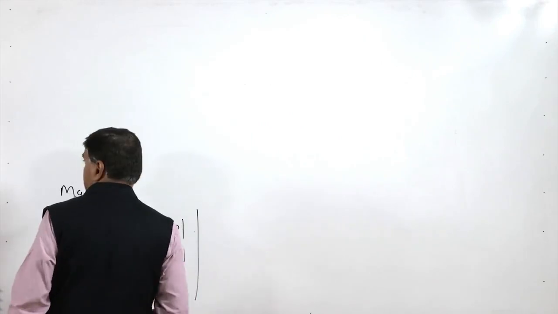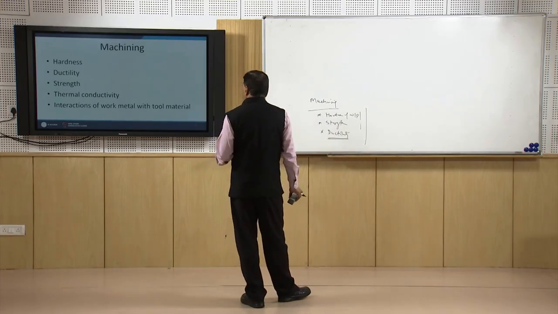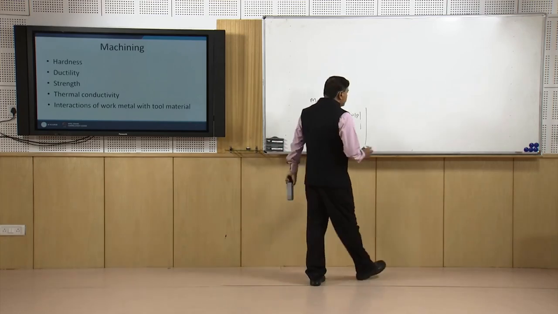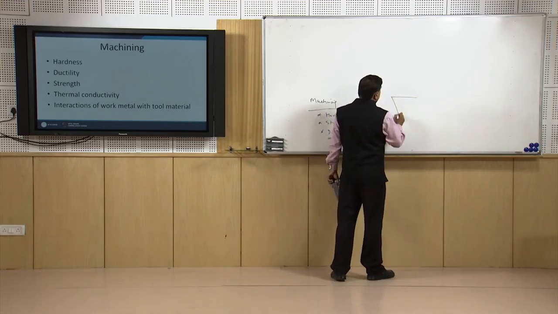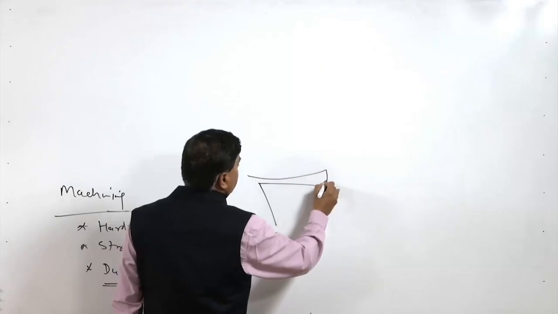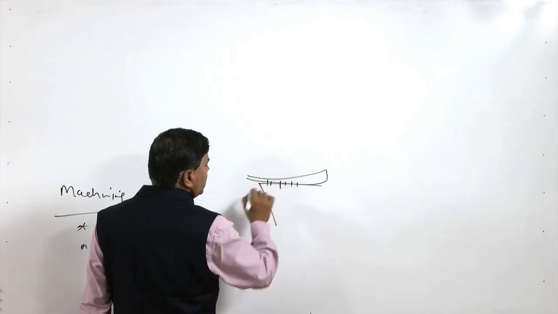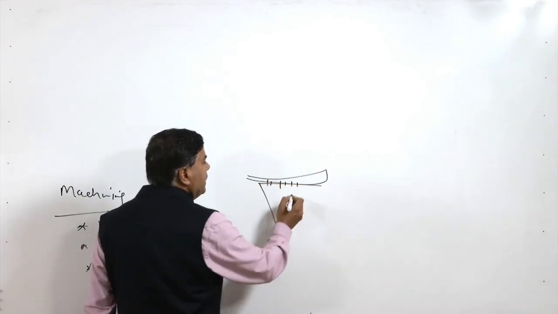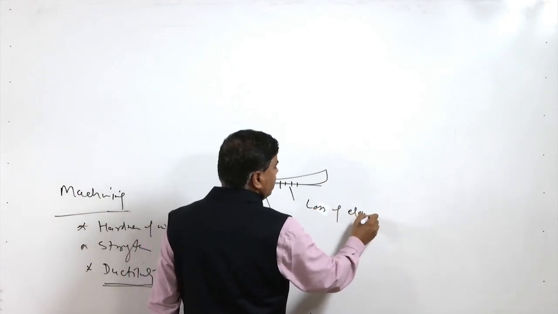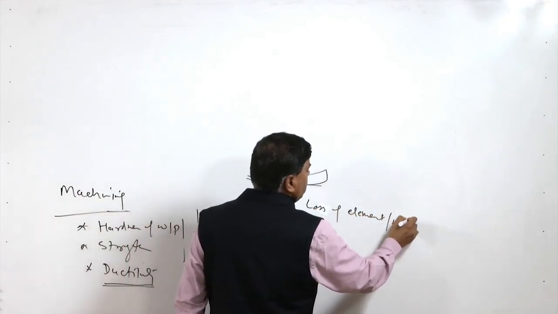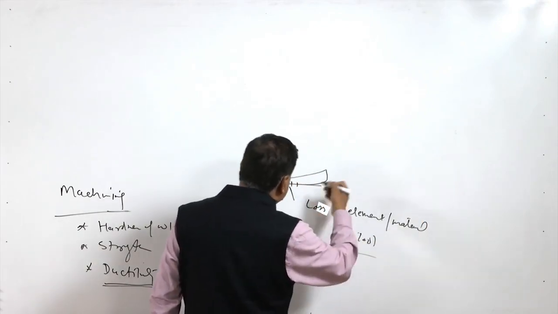Other properties related to machining include the interaction of the workpiece material with the tool. Say this is the tool and the chips will be flowing after getting removed from the workpiece. If interaction between the two takes place, then this will lead to the loss of elements or materials selectively from the tool. This will actually weaken the tool.